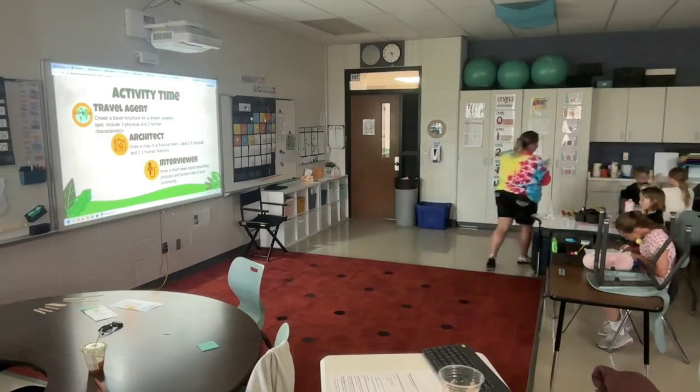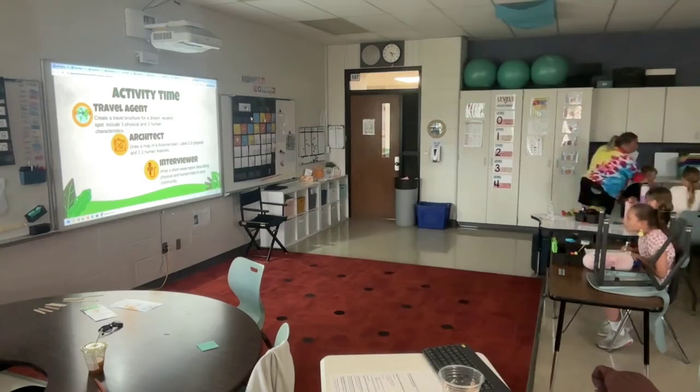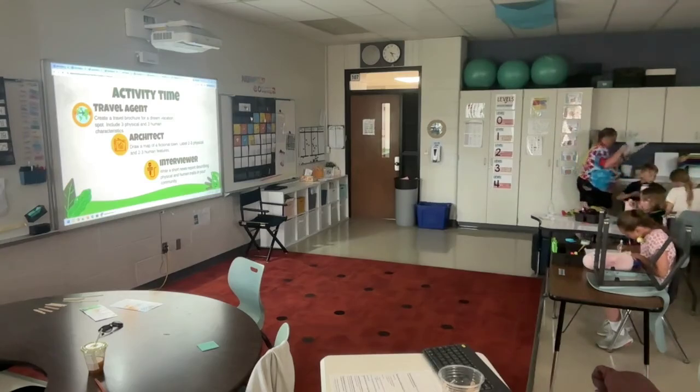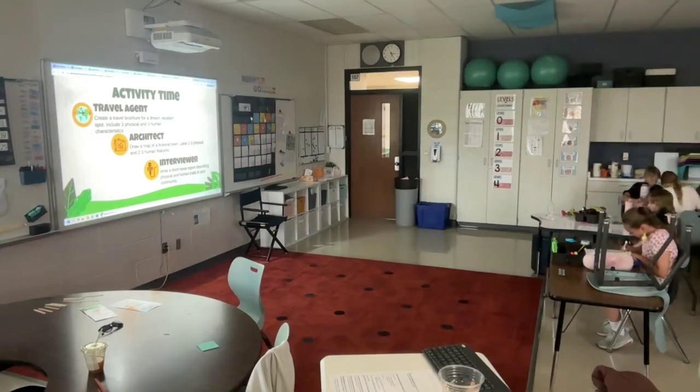When you are done with both of them, you're just going to make 2 stacks on the table, 1 for each sheet. And then it'll be end of day cleanup and dismissal. Remember, don't forget your name on your activity and your exit ticket.